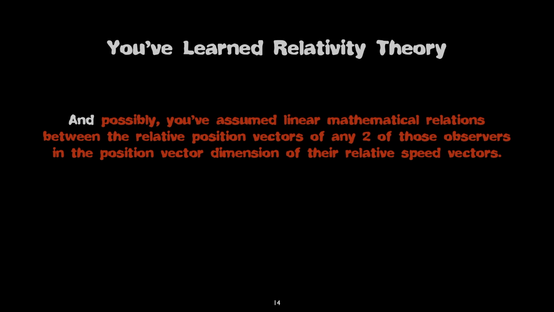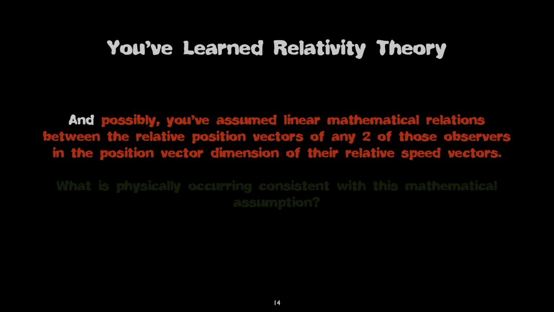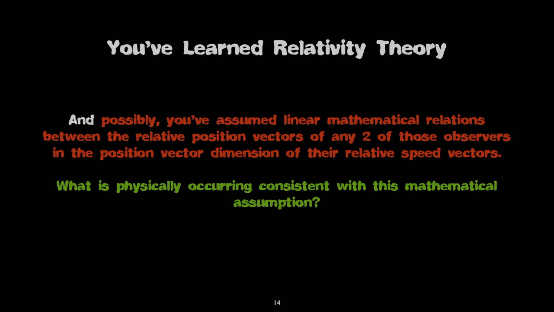And possibly you've assumed linear mathematical relations between the relative position vectors of any two of those observers in the position vector dimension of their relative speed vectors. What is physically occurring consistent with this mathematical assumption? Oh, you did not learn that.